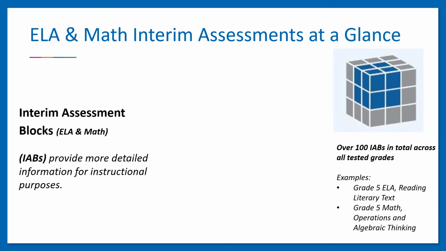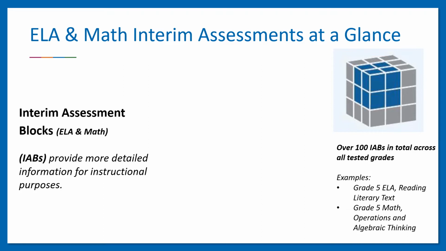There are over 100 different interim assessment blocks available for English Language Arts and Mathematics. These are aligned to the Oregon State standards and their assessment or learning targets. In this visual, the cube consists of fewer targets within each IAB compared to the summative assessment as a whole.